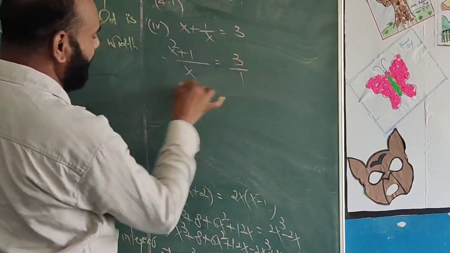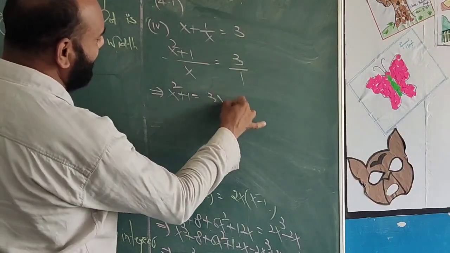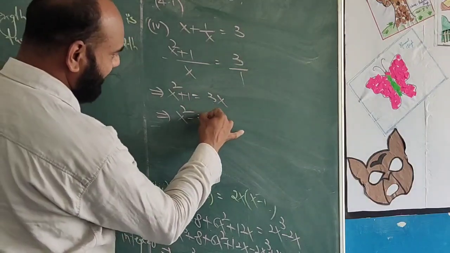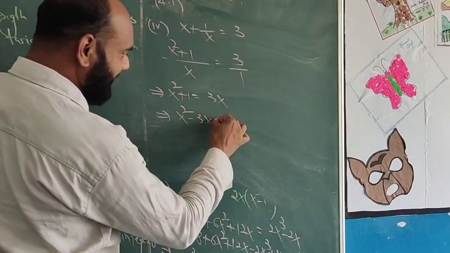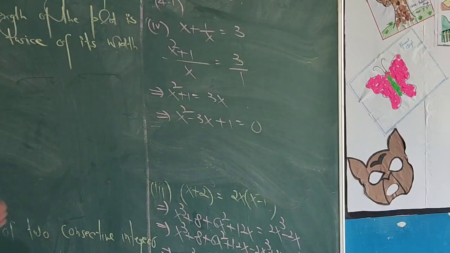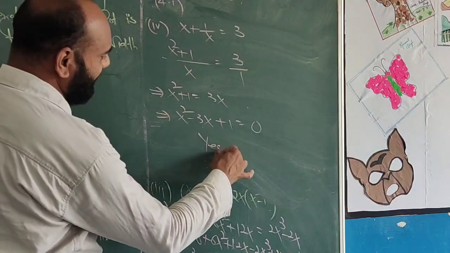Now 3 means 3 upon 1, by cross multiplying we get x square plus 1 is equal to 3x, and 3x going to the left hand side, x square minus 3x plus 1 equal to 0. Now in this question we see the highest power of the variable is 2, so it is a quadratic equation.